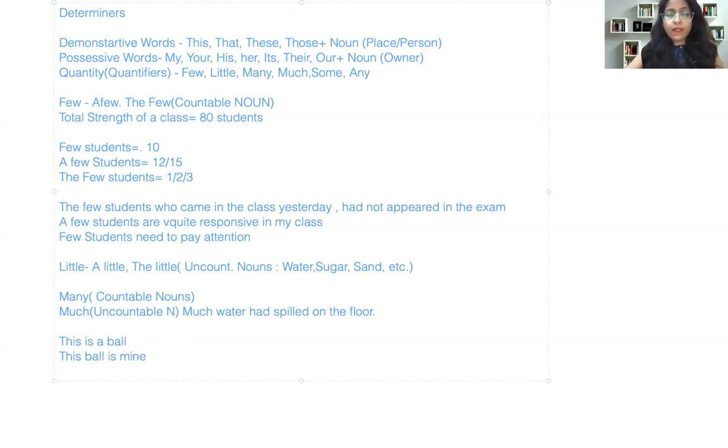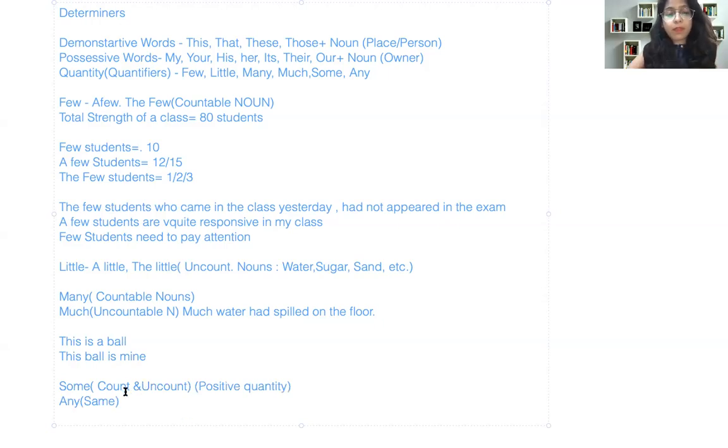Last, we are left with some and any. Some is used as a quantifier for nouns that are countable and uncountable both. And that is also the case with any. Then what is the difference between some and any? Some is used for positive quantity, that something is there.